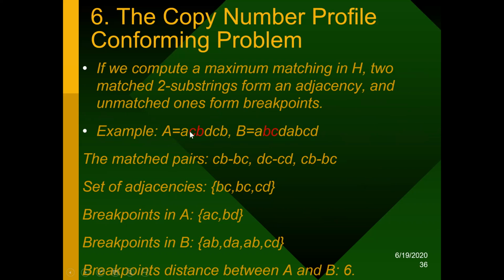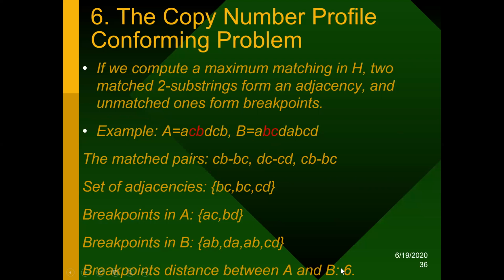So this is a very quick example. We have three matched pairs: CB with BC, DC with CD, and CB with BC. So the set of adjacencies is BC, BC, and CD, and the remaining ones are breakpoints. The breakpoint distance between A and B is simply the summation of the sizes of these two sets, which is 6.